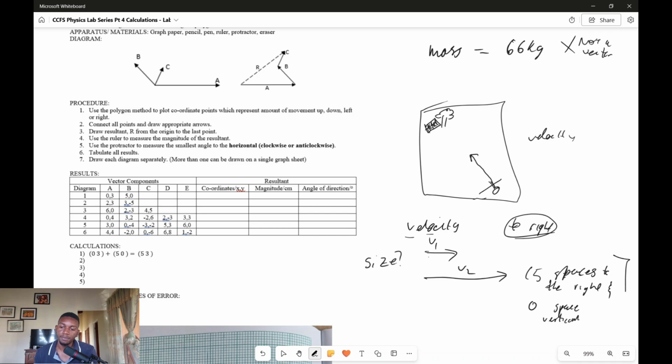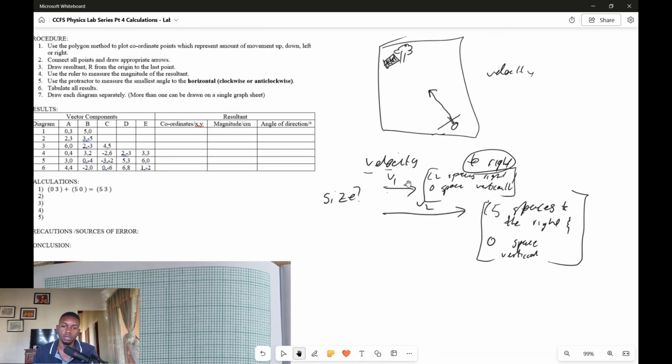And we could do the same for this smaller vector. Instead of 5 spaces to the right, this one might be 2 spaces right and 0 spaces vertically. So that's how we could represent some vectors.